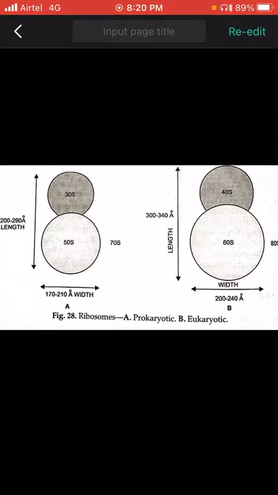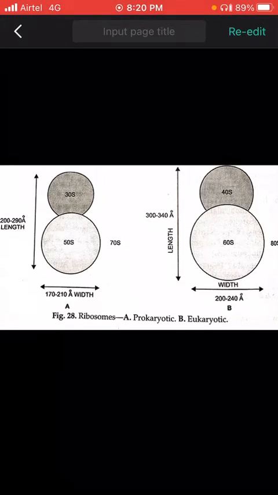Molecular weight of prokaryotic ribosome is 2.8 into 10 to the power 6 Dalton, while eukaryotic is 4.5 to 5 into 10 to the power 6 Daltons. Number of RNAs: prokaryotes hold 3 types and eukaryotes 4 types.